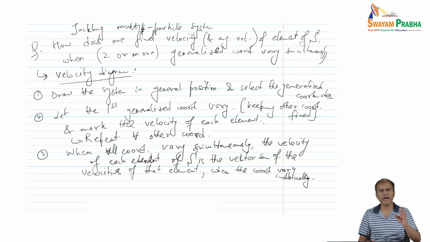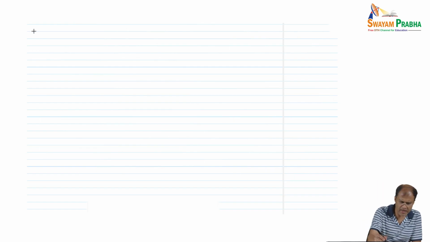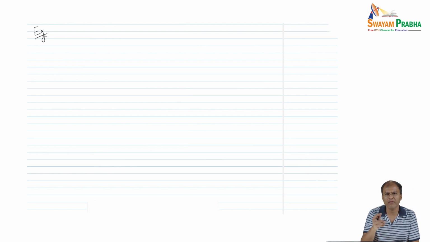Let us look at these steps for drawing the velocity diagram through an example, something we have discussed in one of our previous modules: a particle tied to another particle with a string of constant length and allowed to move under a constraint.